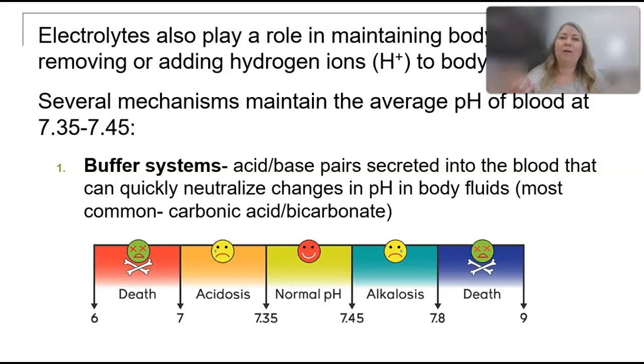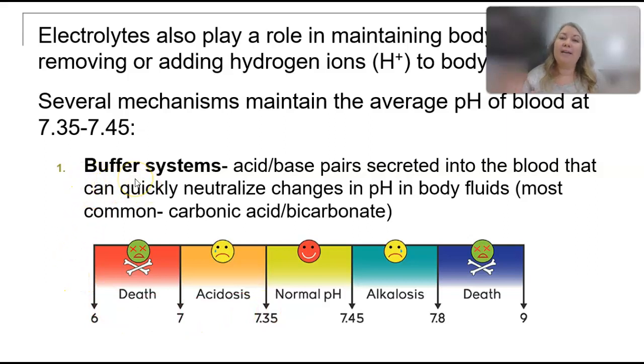But for your body fluids, they should always be between 7.35 and 7.45. Also remember, this is logarithmic, so a rise of 1 unit of pH is actually 10 times more hydrogen ions. So it's a very tiny window, a very tiny set point for your body to work well, but each unit is pretty substantial.